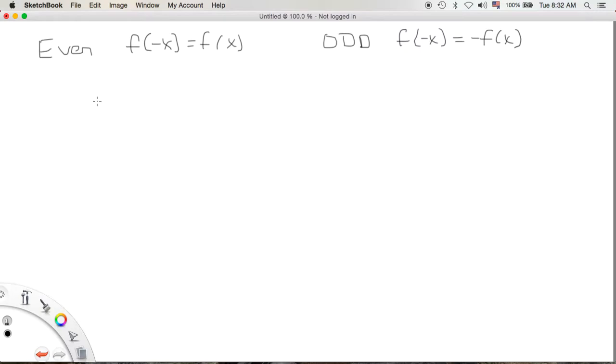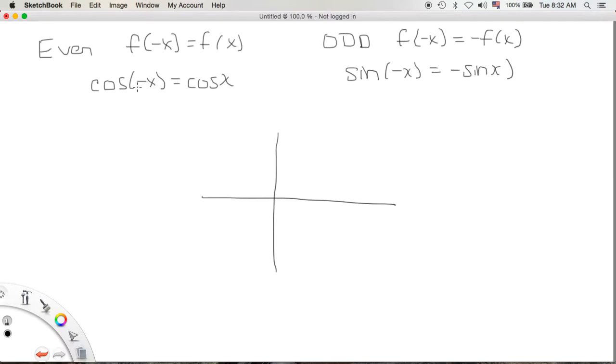The reason you need to remember this is because sine is odd and cosine is even. If you think about this, when you look at the unit circle, you can see that this is true.